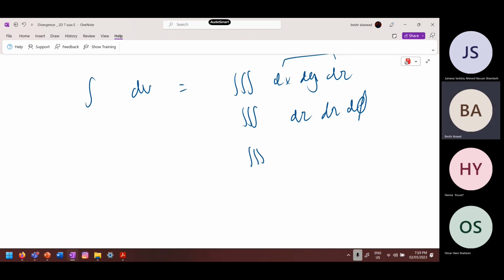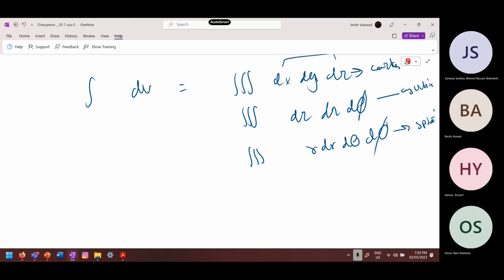And there's the other triple integration, r dr d theta d phi, that's for spherical, and dx dy dz is for Cartesian. Okay, if you want to check other sources or you don't like my methods of solving, you can check these three different integrations, but personally I like to stick with this.